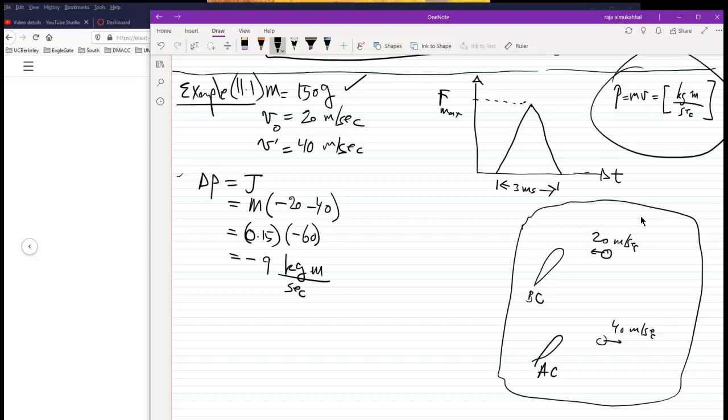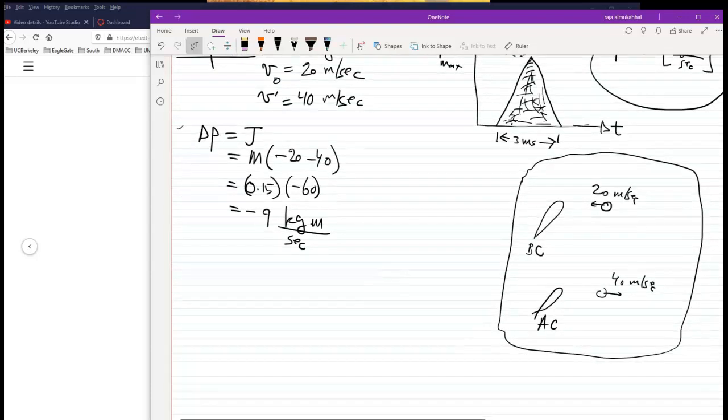So we have the momentum. Now, let me get the area under the curve, which is basically, I'm looking at this triangle right here. The area under the curve is basically the average force.